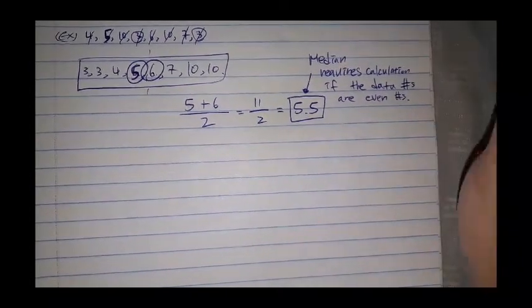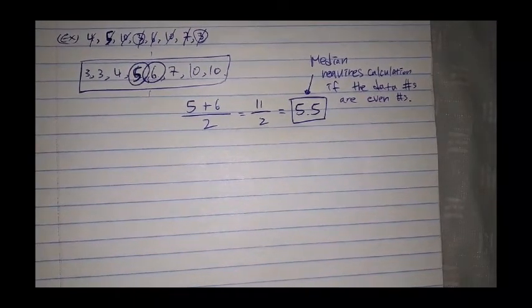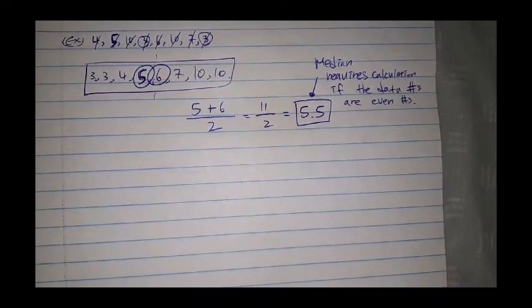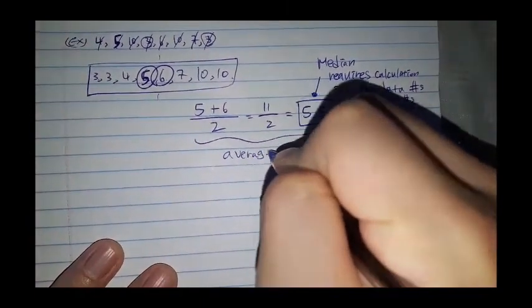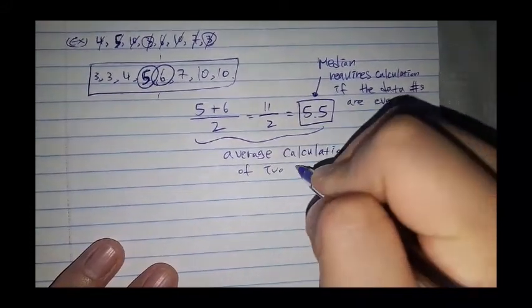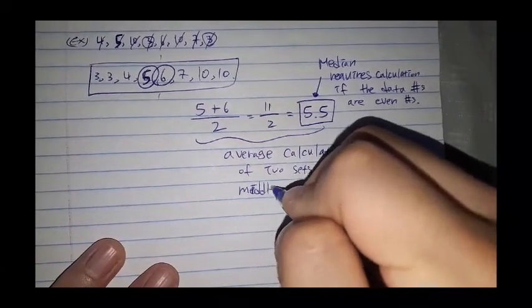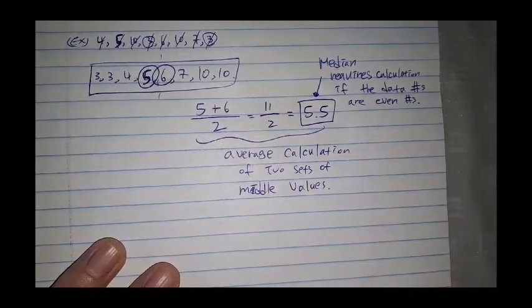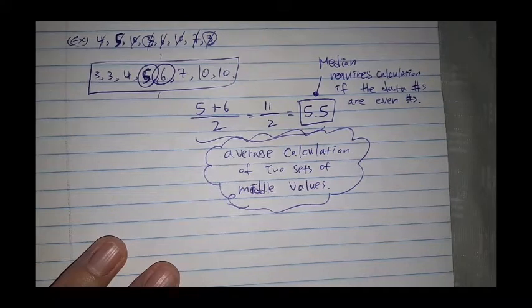If you have a set of data like 2, 4, 6, something like that, you basically have to create what I like to call an average calculation of the two central values. So it's an average calculation of the two middle values. That's what is required if you have an even number of data.